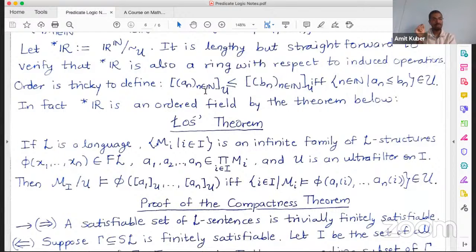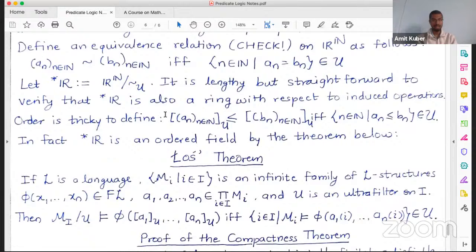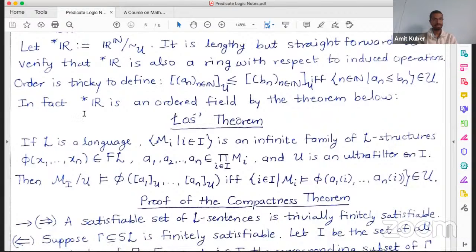Then by using ultrafilter properties, you can show that the product of two such non-zero sequences is again non-zero. When is a sequence 0? If it contains 0 in a large set of indices. If it is non-zero, then it contains 0 only in a small set of indices. You have to use ultrafilter properties to show that there are no zero divisors in this star R. Any questions so far?